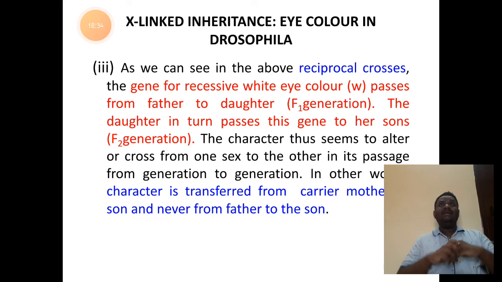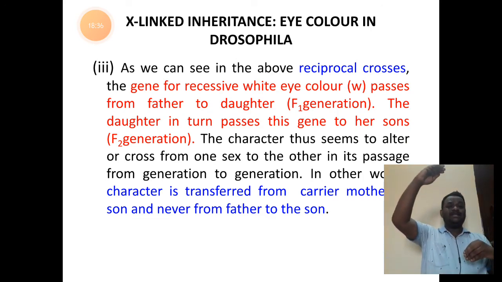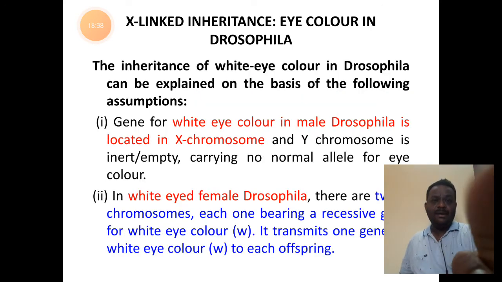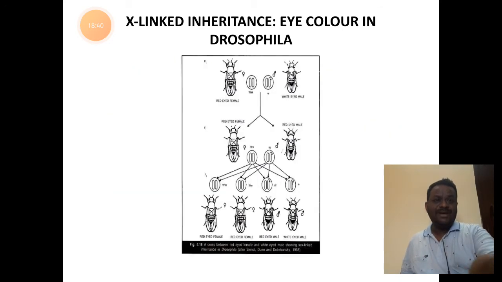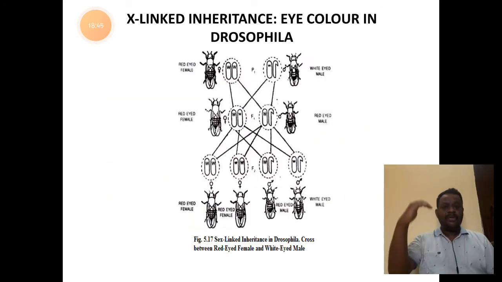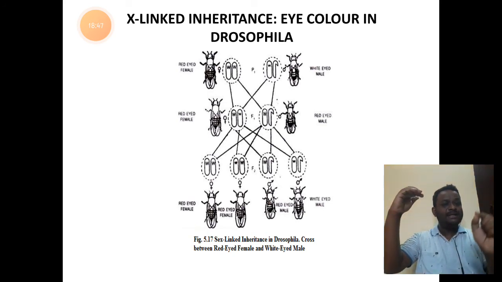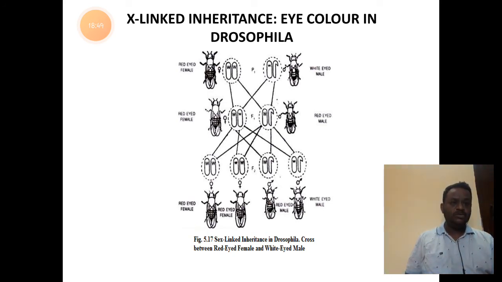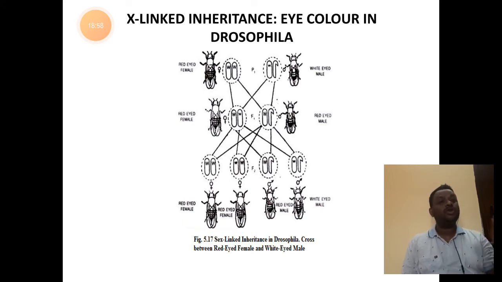So, for the character of the white-eyed, we shall move back to the first cross, where Morgan witnessed a red-eyed female with homozygous capital W gene, the dominant condition, and males having the white-eyed condition on the X chromosome, which is recessive, small w.